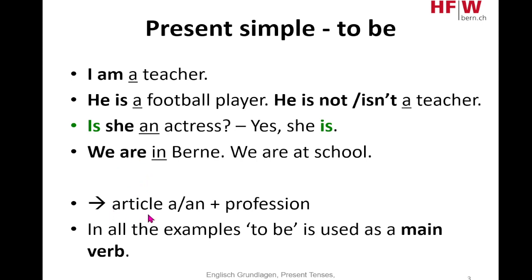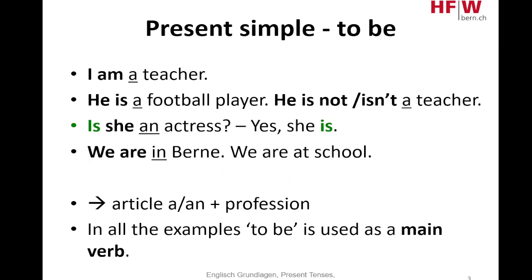One more, article plus profession. So what does it mean? Let's take a look. In all the examples, to be is used as a main verb. So remember that to be is used as a main verb. How do we know that it is a main verb? You need to understand the definition of a main verb.